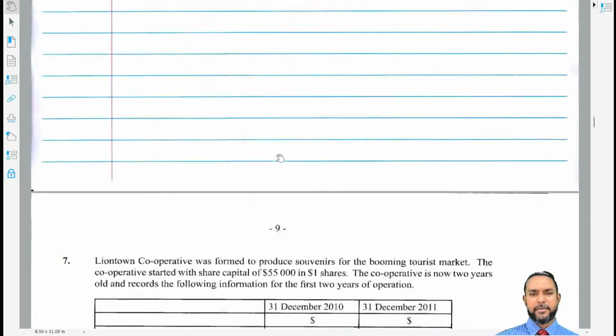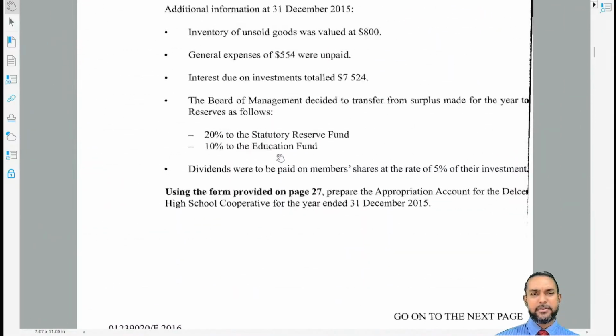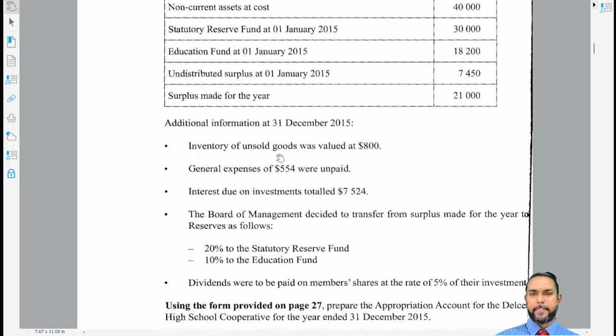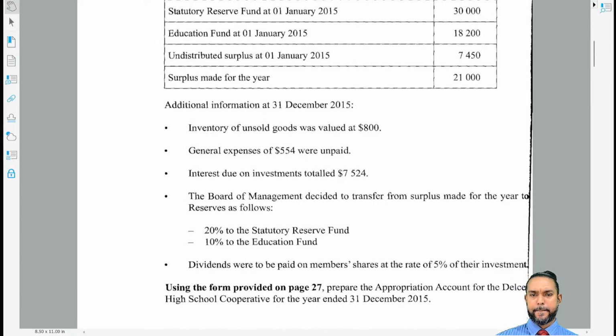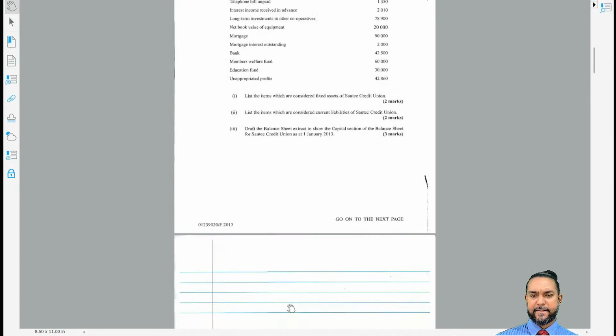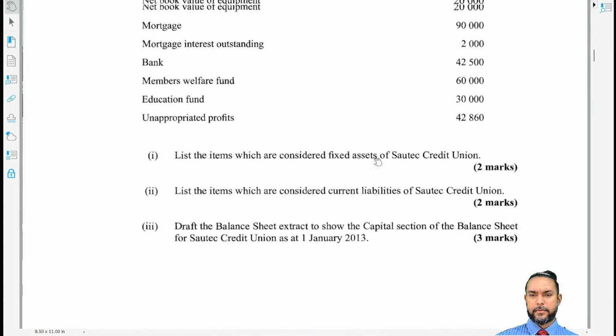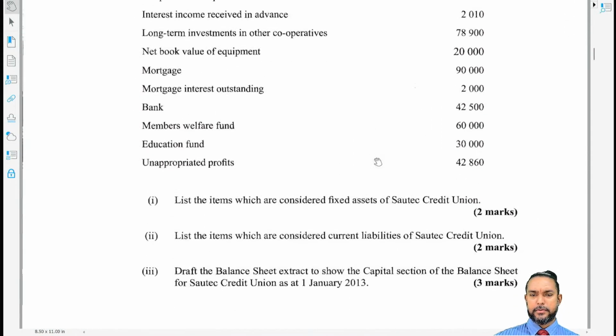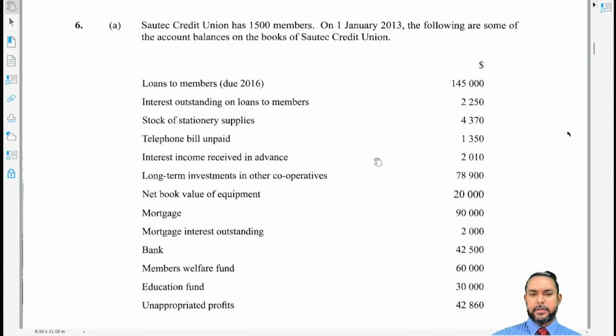We're done here with Delca. We don't have the information, so why not? Because Soltec is easier. All right, so here we'll do Soltec and we'll double back and do Delca after. But you can use this format for Soltec. All right, so I'm going to put down Soltec for you guys now.